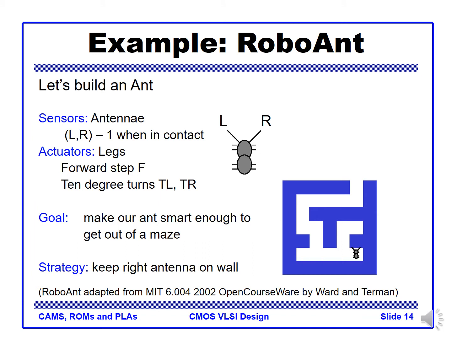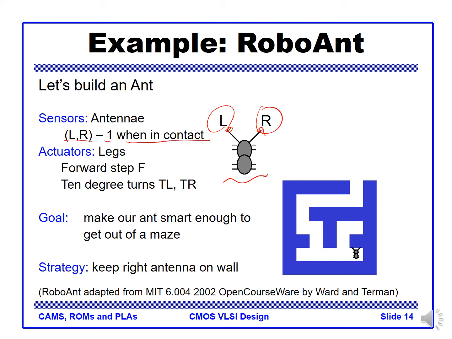So this is an example of a finite state machine implementation using RoboAnt. The little ant robot has a sensor on the left and right. Whenever a sensor hits the wall, it will indicate 1. So L and R are the sensor antennas.